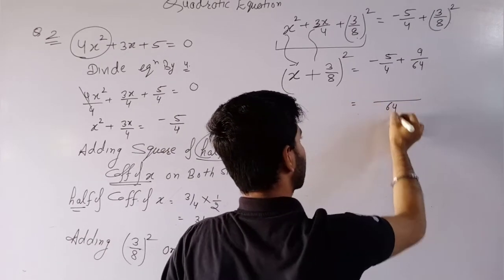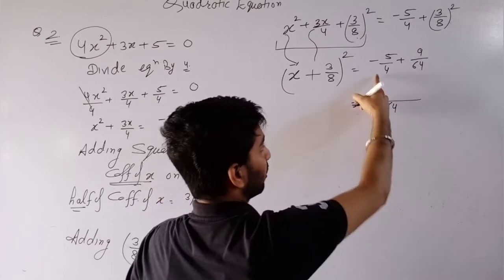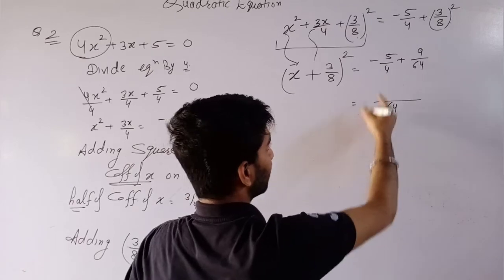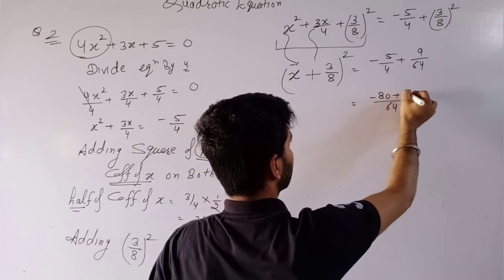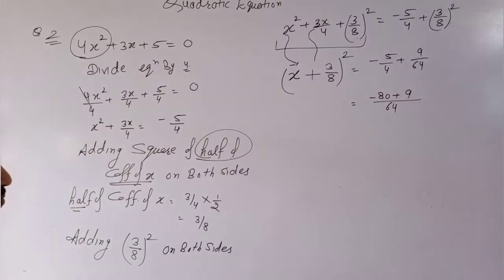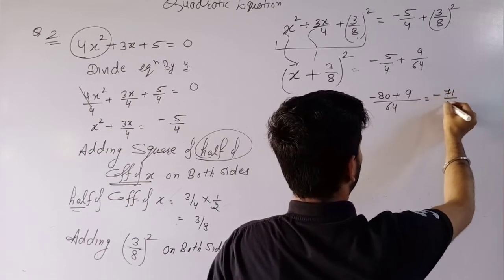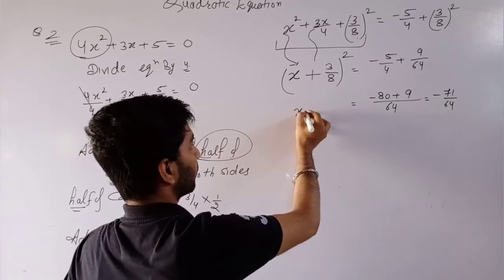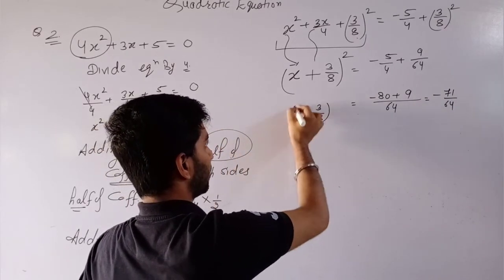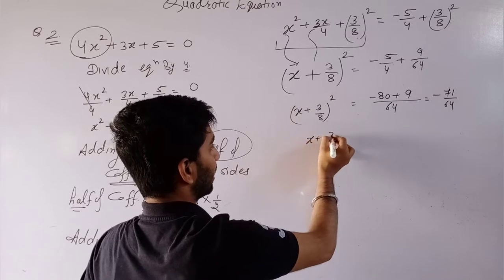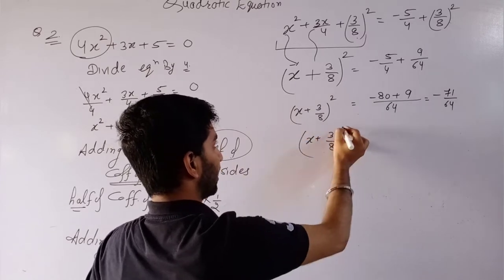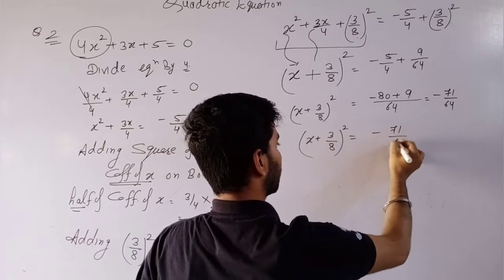By taking LCM 64: 4 times 16 is 64, 5 times 16 is 80, plus 9. We get minus 71 by 64. So we get x plus 3 by 8 whole square.